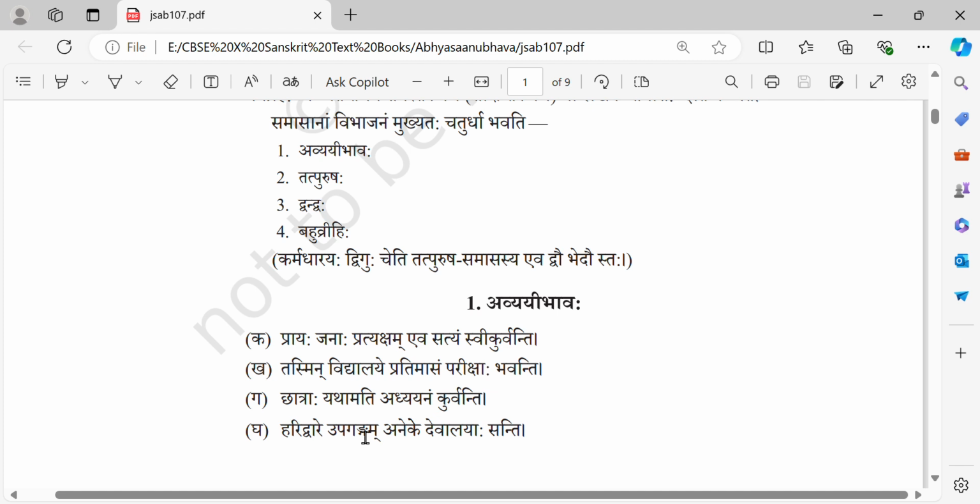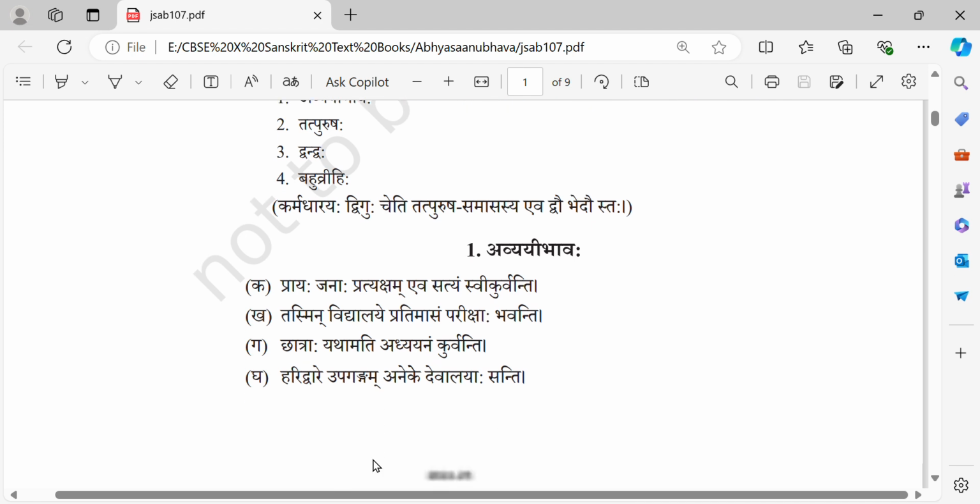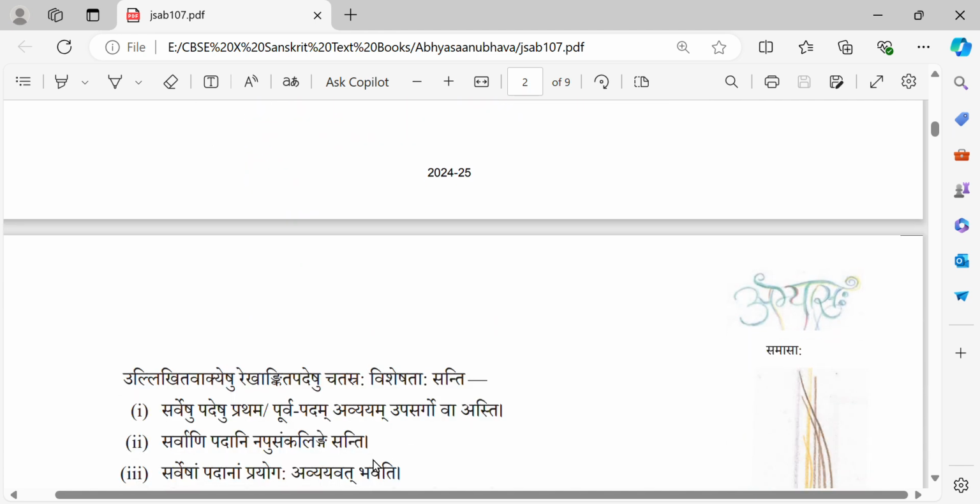Upagangam is also avyayeebhava samasa. Upa is the upasarga here. Yatha is the avyaya here. Prati is also upasarga. Next one.